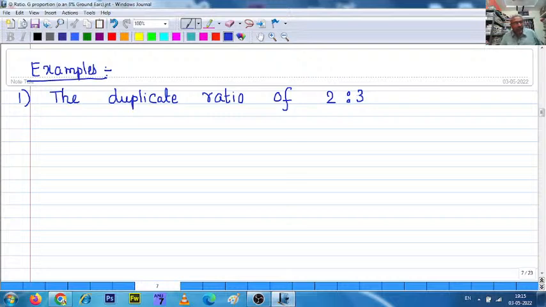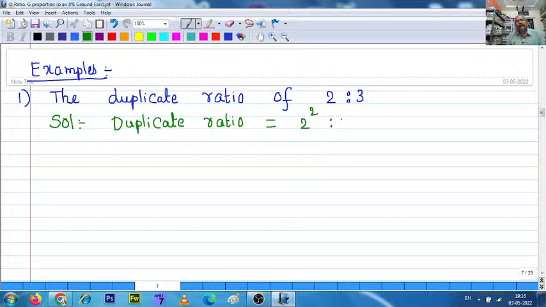How could you find duplicate ratio? So very simple. See the solution, duplicate ratio is equal to 2 square is to 3 square.